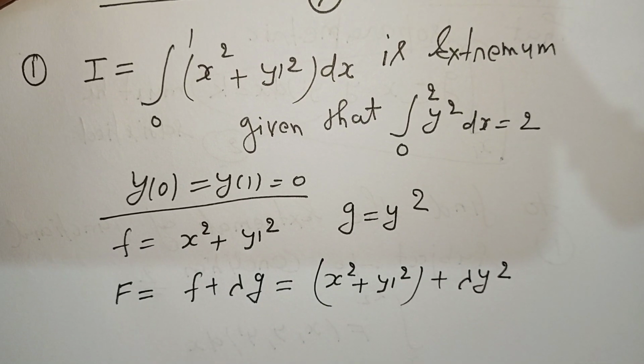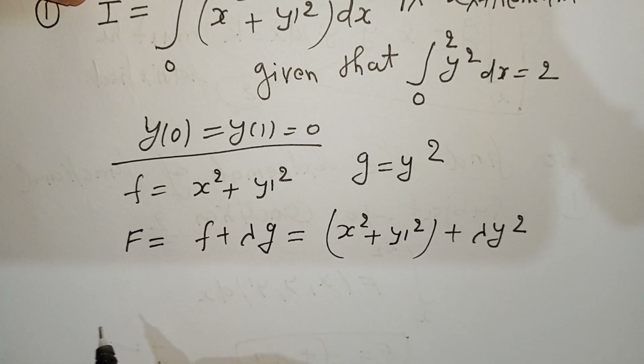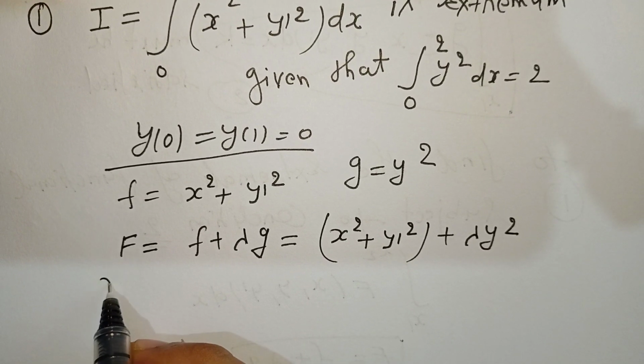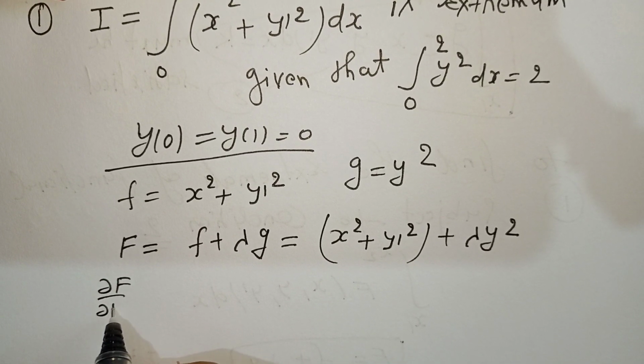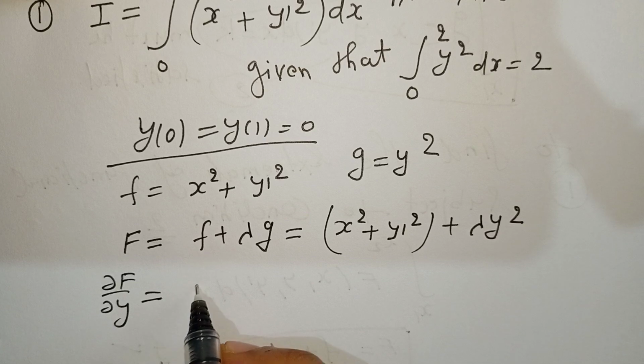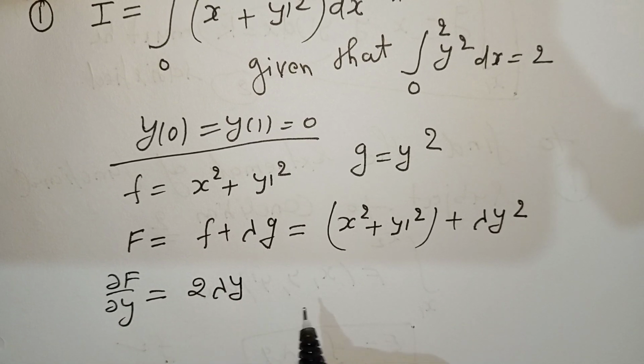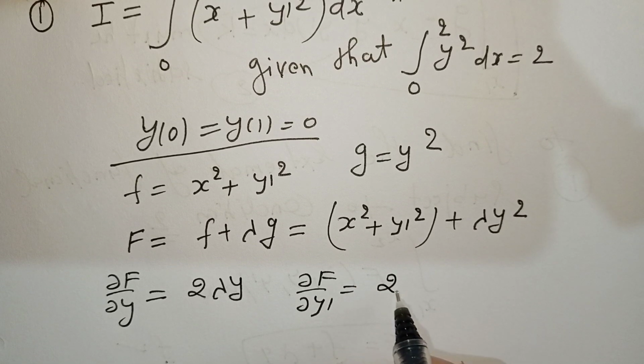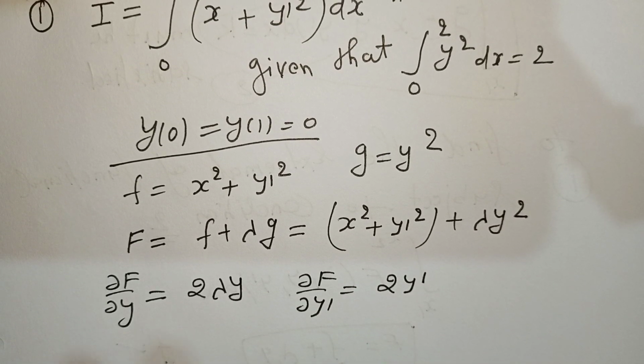Fine. Then we find all the required derivatives for the Euler equation. So that will be del F by del y equal to 2 lambda y and del F by del y dash equal to 2 y dash. Fine.